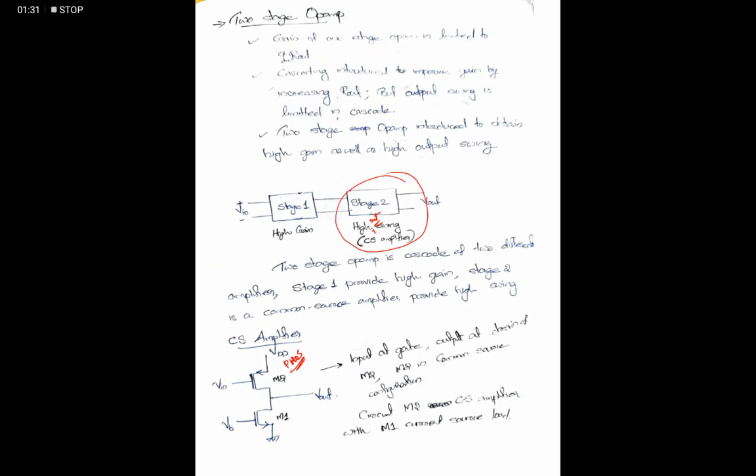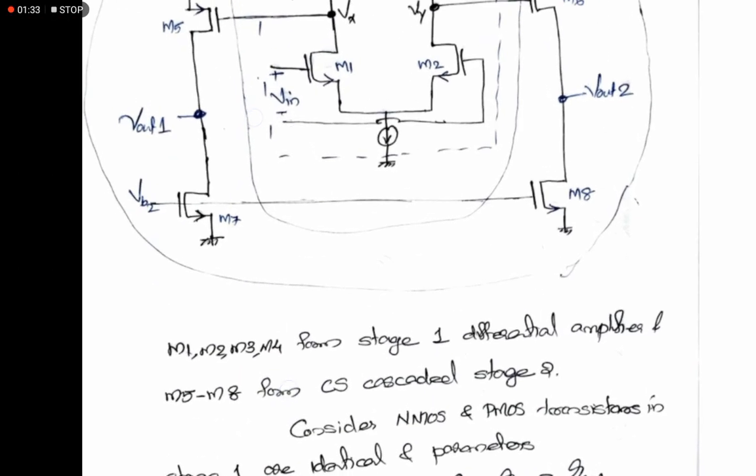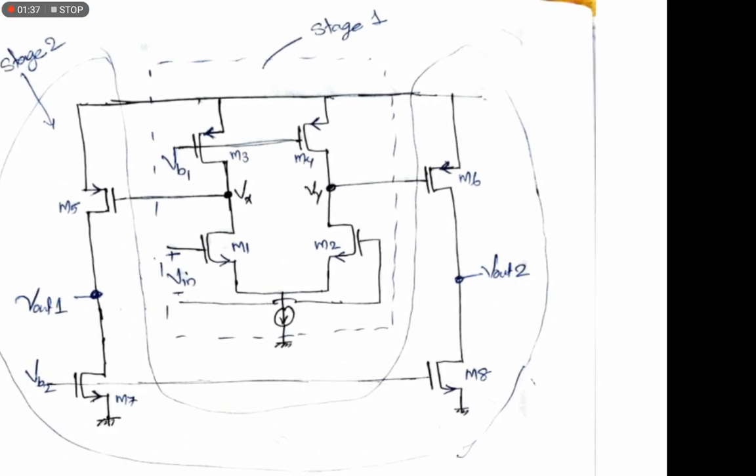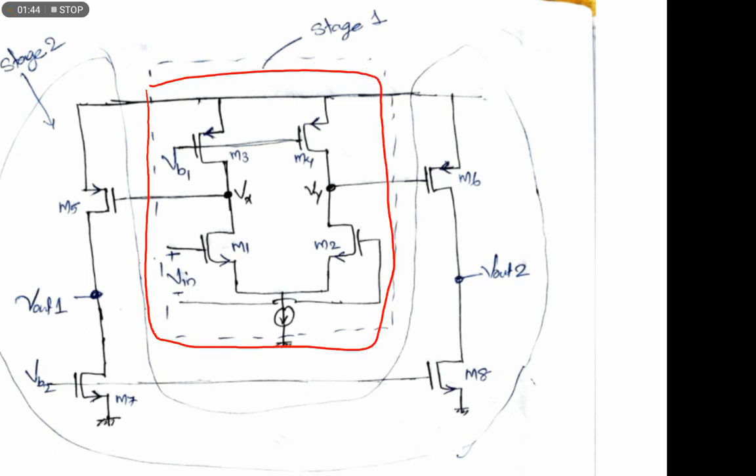So if we consider a two-stage OPAMP, this is the circuit diagram. If we consider the middle portion, it's simply a normal two-ended differential amplifier, and here the load is a current source load.